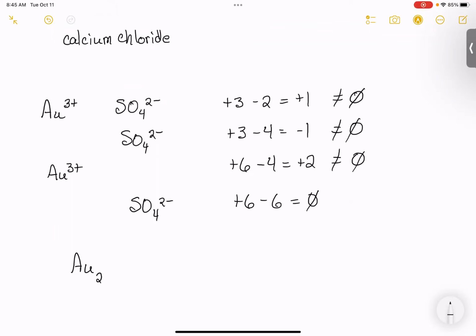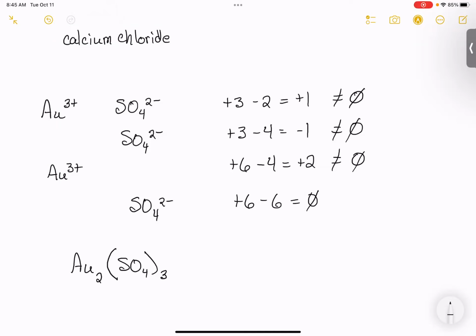Now, to indicate we need 3 of the polyatomic, you place the polyatomic in parentheses with the quantity needed outside the parentheses. You never, ever, ever change the formula of the polyatomic ion. If you need more than one of the polyatomic ion, you place that polyatomic ion in parentheses and the number needed outside.